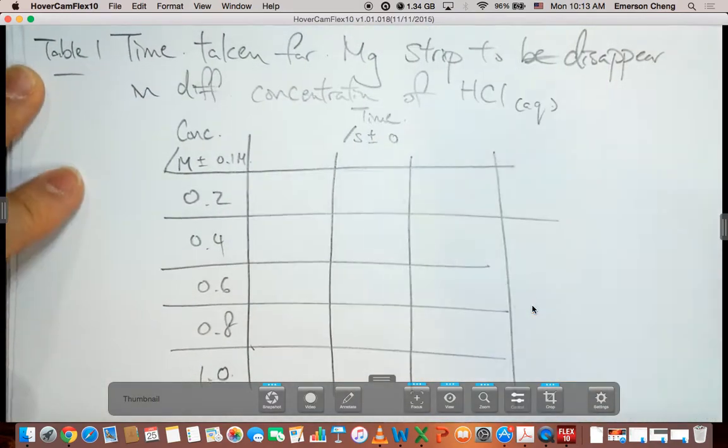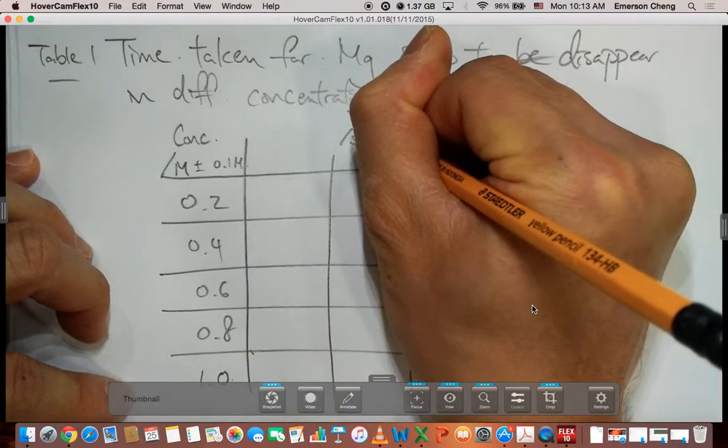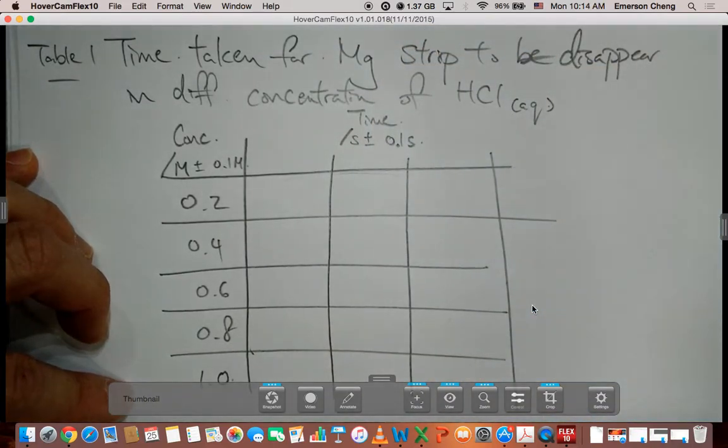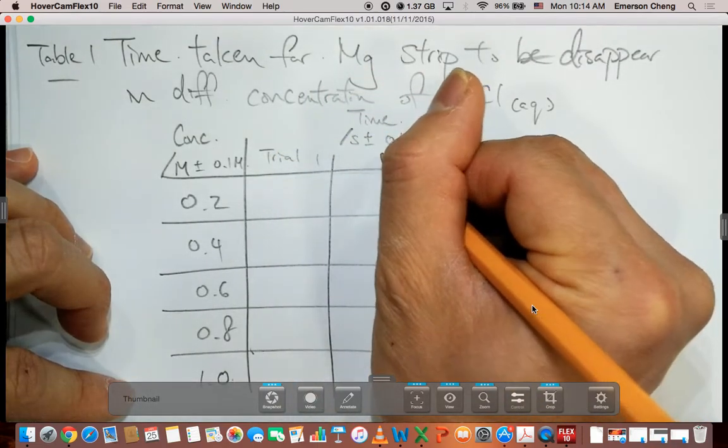What's the level of uncertainty for time, if you have to press the stopwatch? 0.1. Thank you. And then you have trial 1, trial 2.